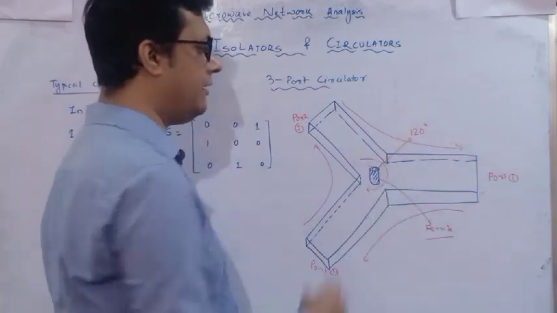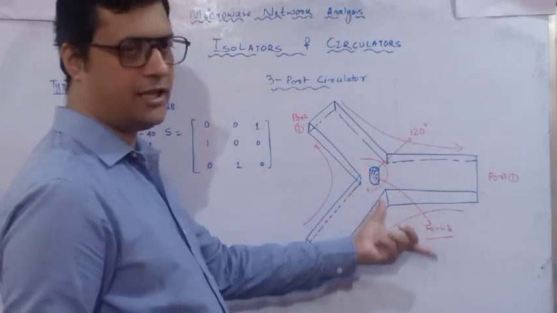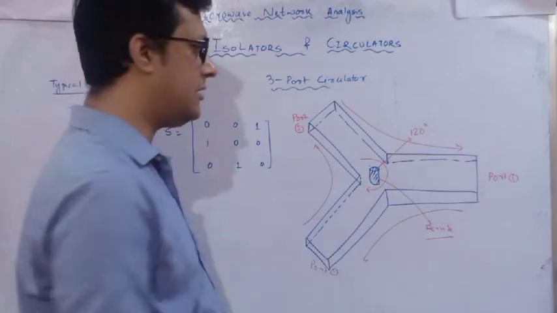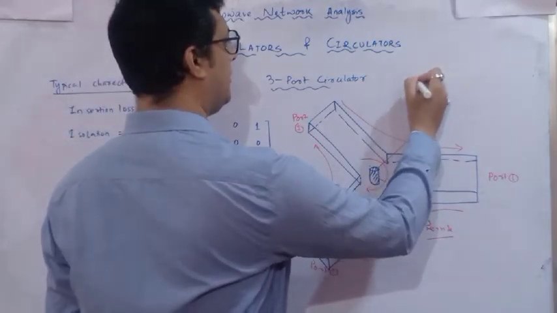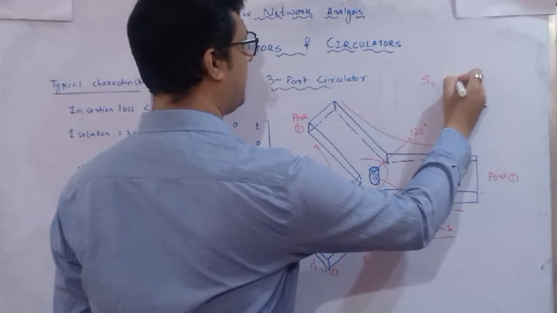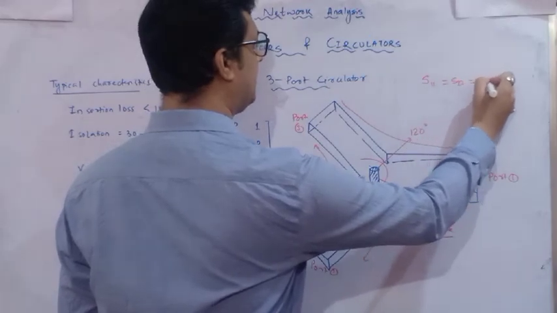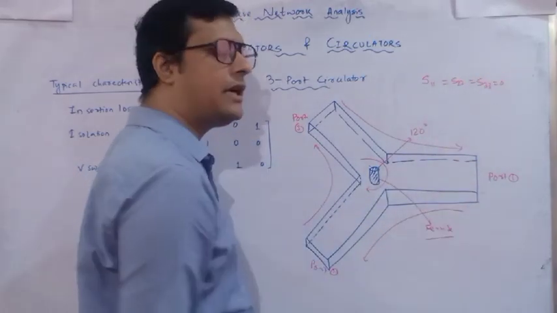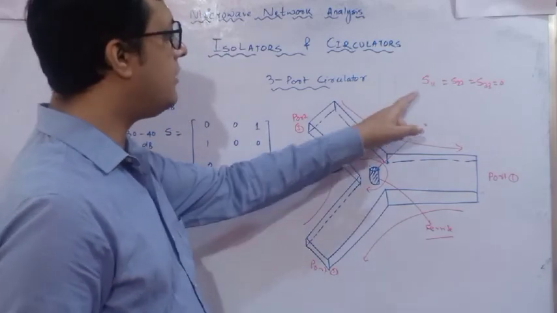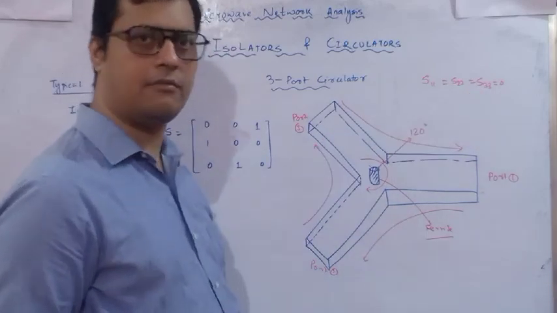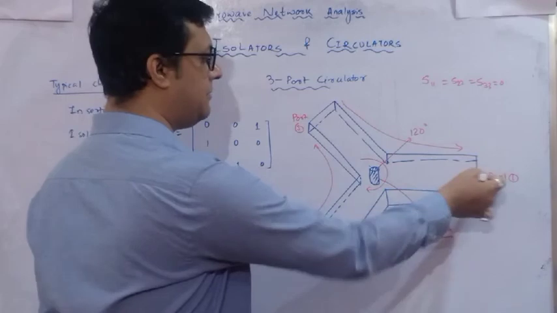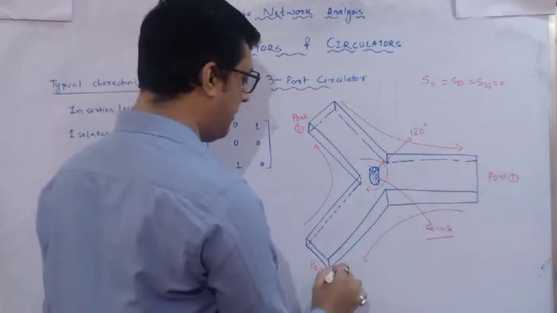So again, if I am forming as per the arrangement, what will be the scattering parameters? First, all the ports are perfectly matched, so that maximum output can be delivered to the load. So S11, S22, S33 are matched. Suppose you are feeding the power at port 1, you are getting the power at port 2.